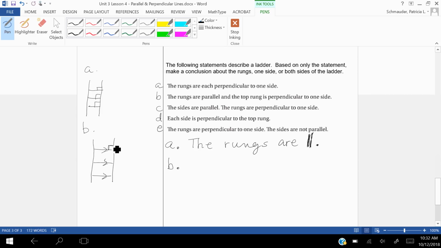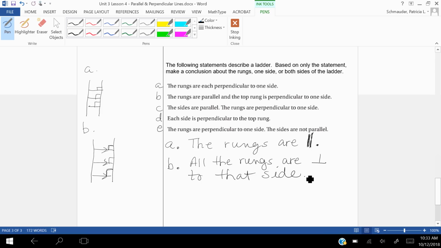If all these rungs are parallel and one of them is perpendicular to a side, then they're all perpendicular to that side, right? And that is the perpendicular transversal theorem. So I'm going to say all the rungs are perpendicular to that side. And that is the perpendicular transversal theorem.